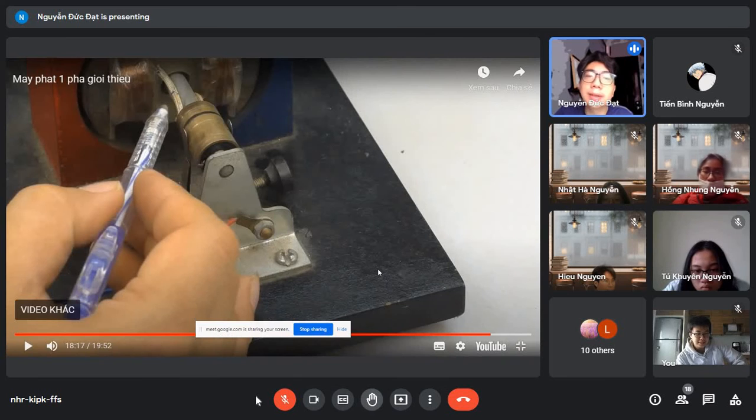But can you explain why, if we place the brushes in the middle here, we can collect the DC current?